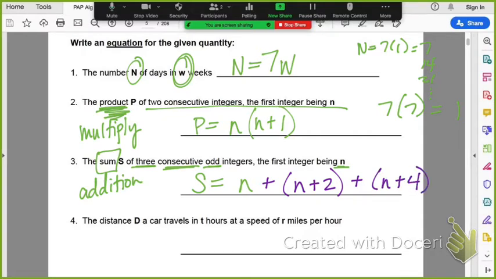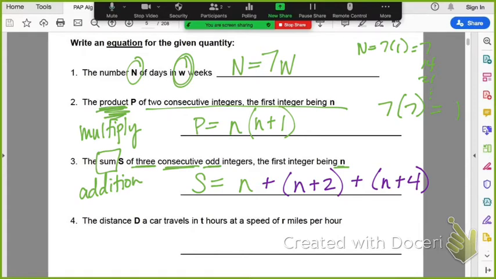If you're doing minuses, you could do n minus 4. So doesn't n being the first one indicate that it is the smallest integer? The answer is no. It could be the largest one. It could have been the smallest one. Either one.